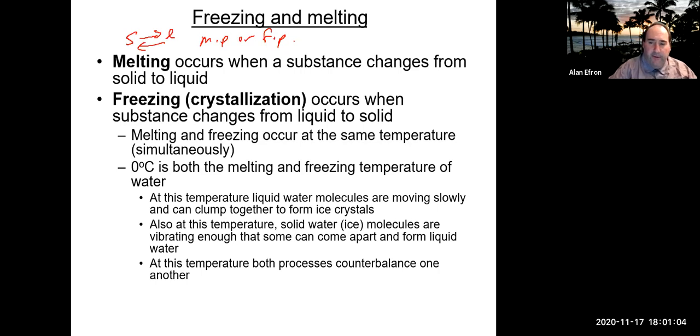If we talk about water, we have ice crystals at that point. We have ice and liquid water happening, just like the boiling point, it's not until we get a little bit above 0 degrees that we really have liquid, or a little bit below 0 degrees that we have solid.